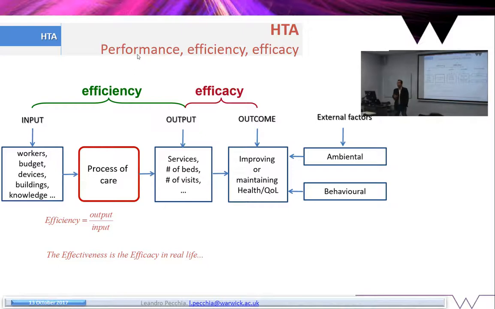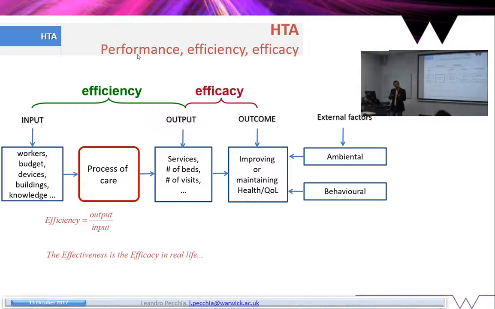So you have a clinical outcome divided by an output, which means how many lives you manage to save with all the beds you have in your hospital, how many oncological problems you manage to discover with the same number of diagnostic images you do in your hospital, or how many oncological problems you manage to see with this technology compared to the other.